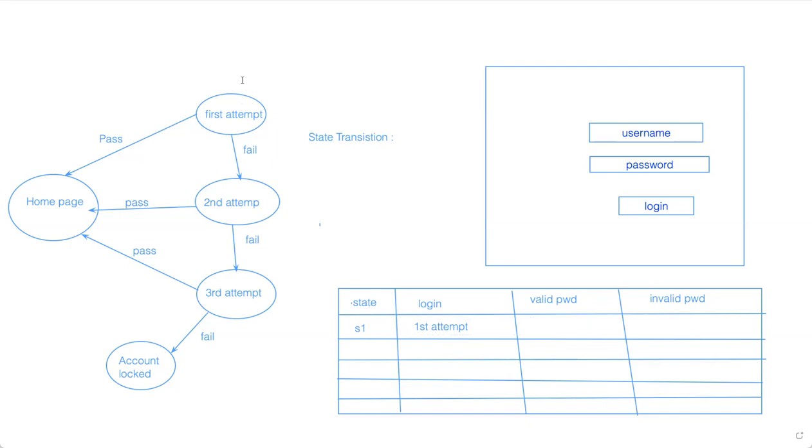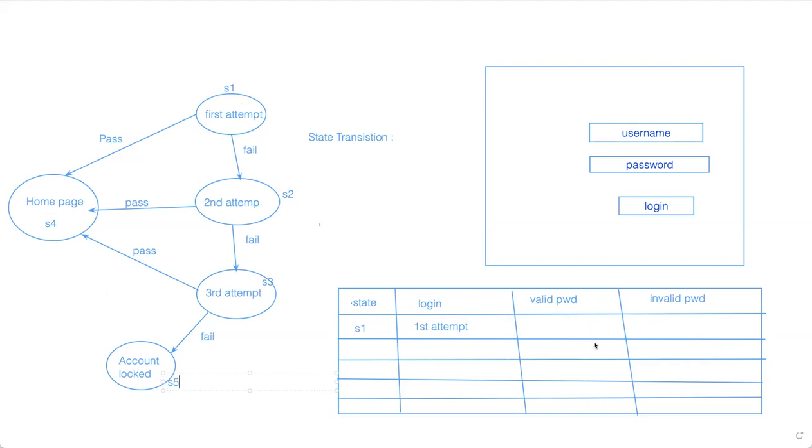Let's assume this is S1, and this is S2, and this is S3, and this is S4, and this is S5. I'm writing them as shortcuts. So the first transition is the first attempt.